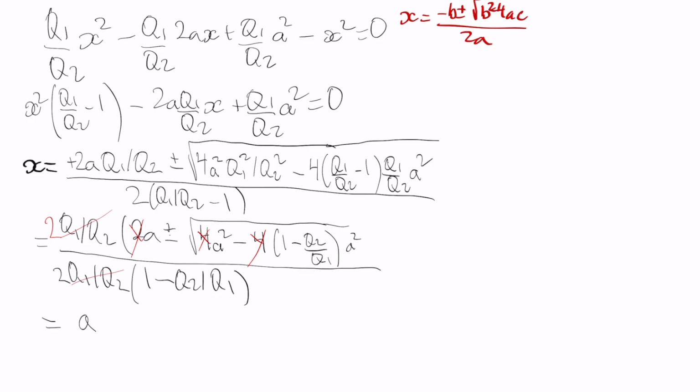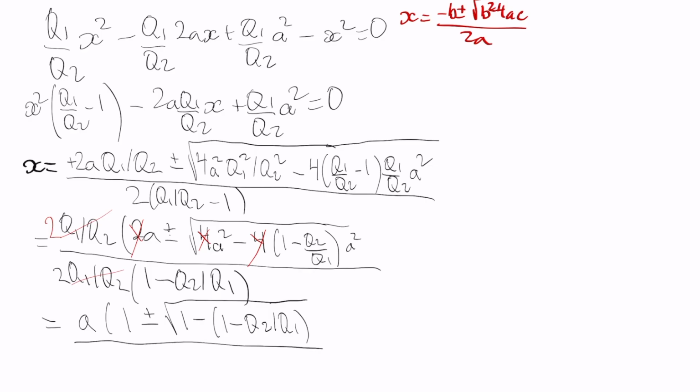So let's just factorize this. This will not be cancelled out, but A, 1 plus or minus the square root of, okay, let's be careful, what is going to be left? 1 minus, and then 1 minus q2 over q1, like that, divided by 1 minus q2 over q1.